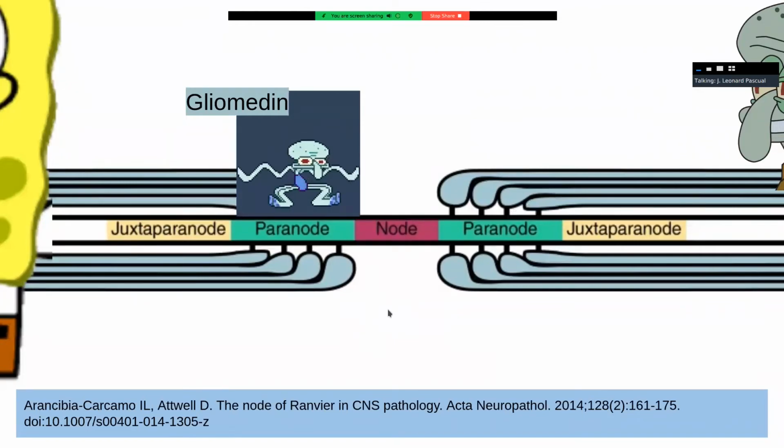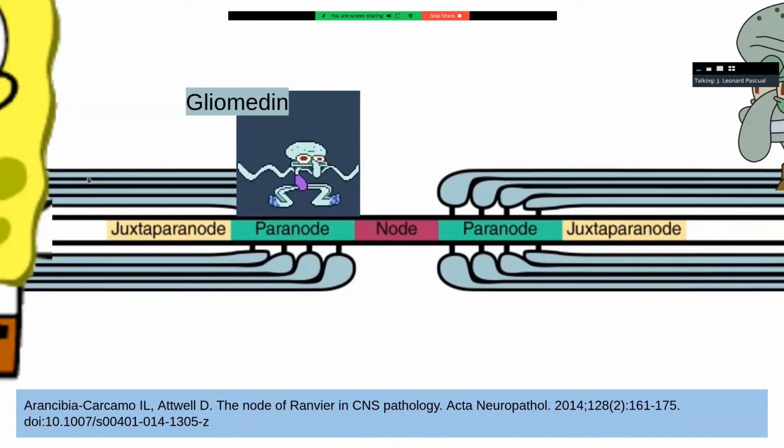What does it do? It is known to attract and make sure the sodium channels of the node of Ranvier come here. Even before the Schwann cells or the oligodendrocytes come, the gliomidin is expressed and it targets this area and it determines where the nodes of Ranvier are meant to be.